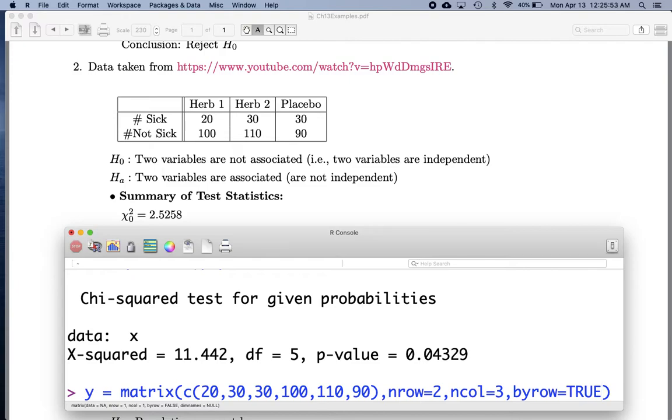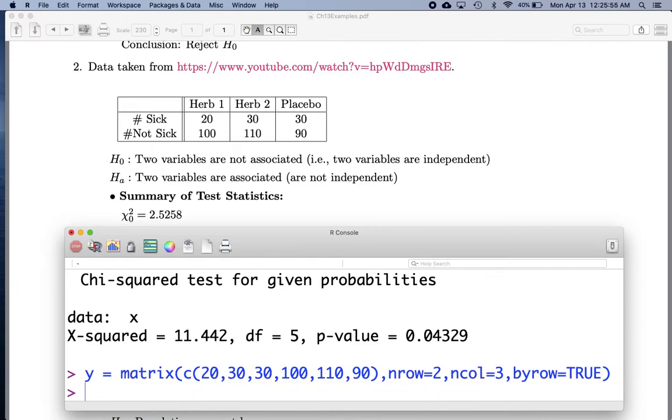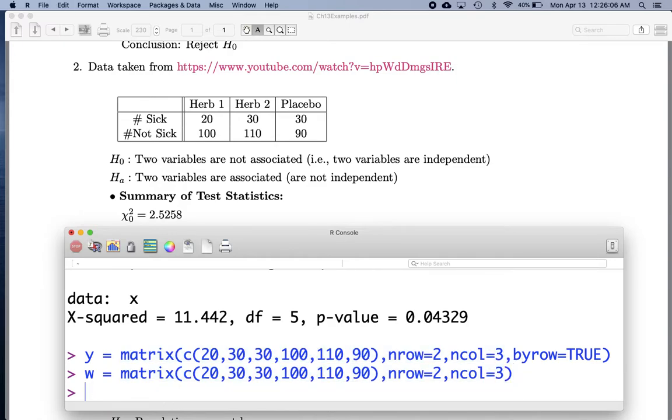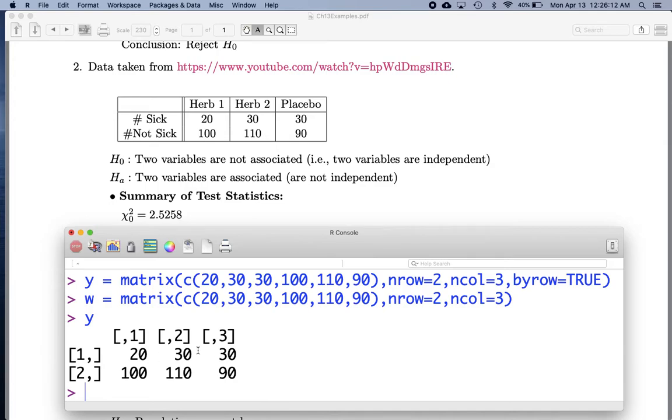If you leave that value off, I'll show you what happens. Let's call this value W. If I leave this value off, you get a different matrix. Y is the matrix that we've put all this stuff in by row. So we get 20, 30, 30, 100, 110, 90.